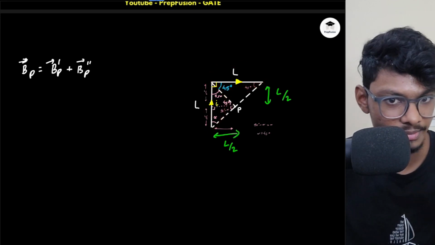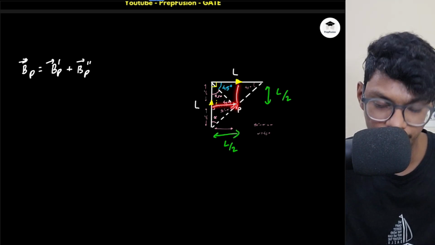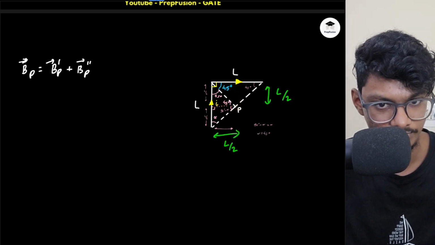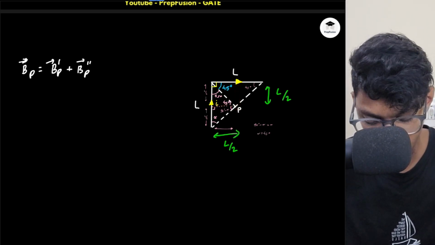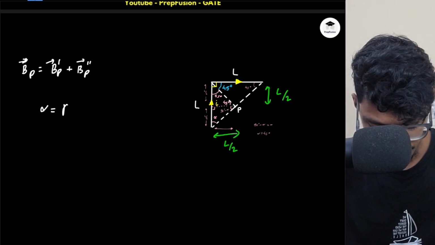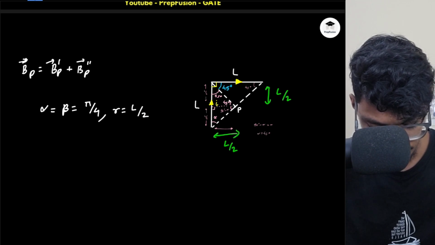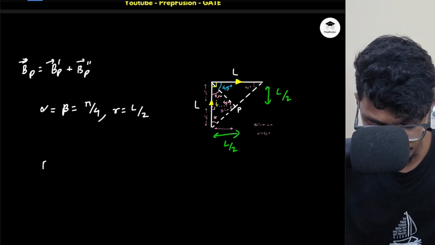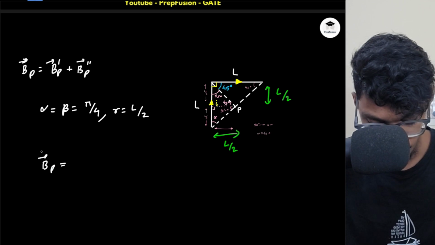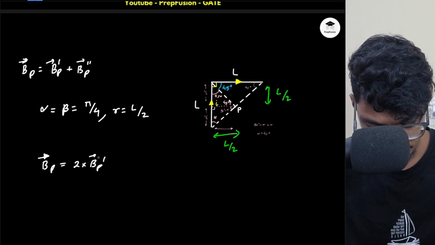Both are separate finite elements, both have perpendicular distance L by 2, and alpha and beta are the same for both. So basically alpha equals beta equals pi by 4 and r equals L by 2. The perpendicular distance is the same. So BP will be, and both are additive in nature, 2 times BP dash.